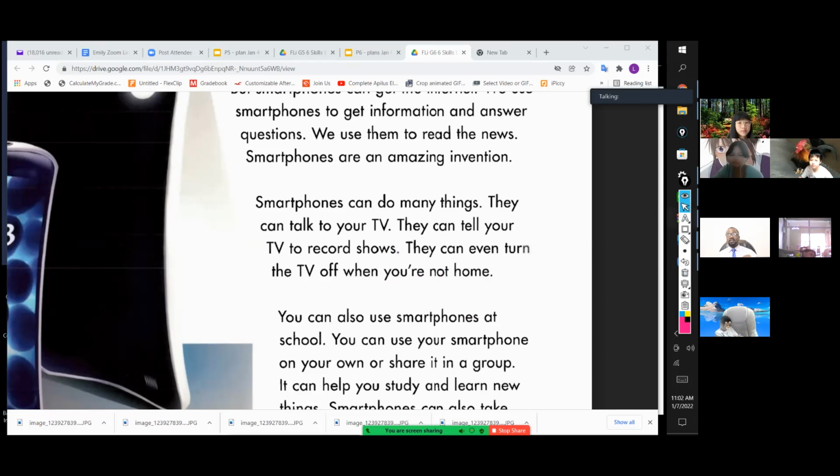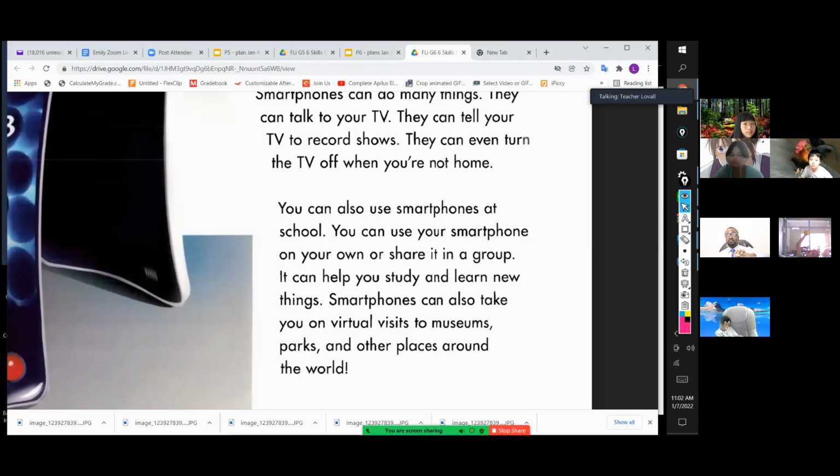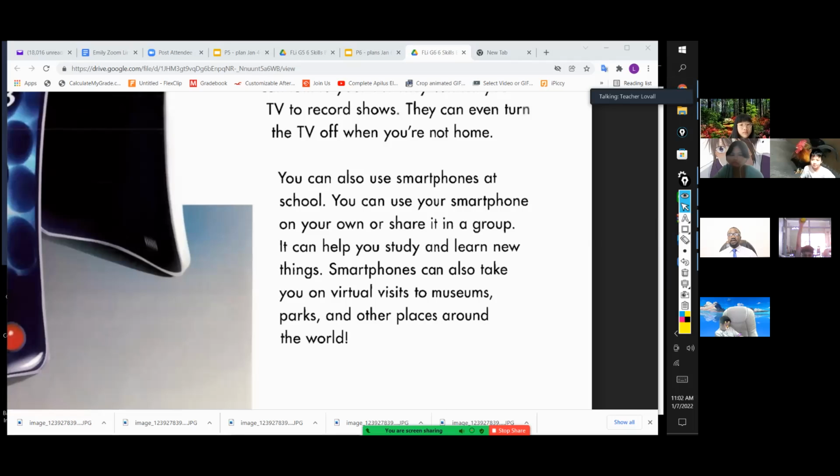Okay. And let's go down a little bit more. And I need someone to volunteer and read the last paragraph. It's a big one. Who wants to be brave enough to read this? Who wants to help me with this?